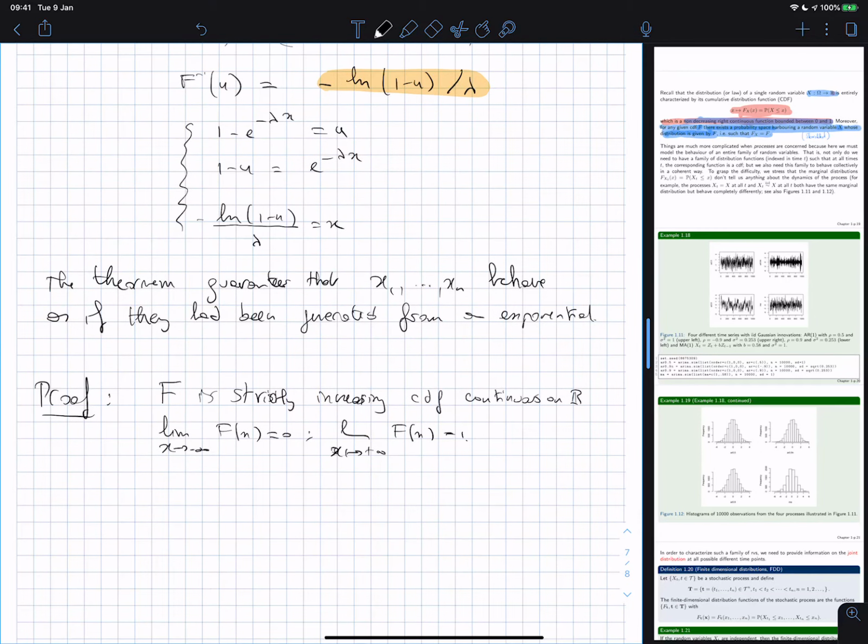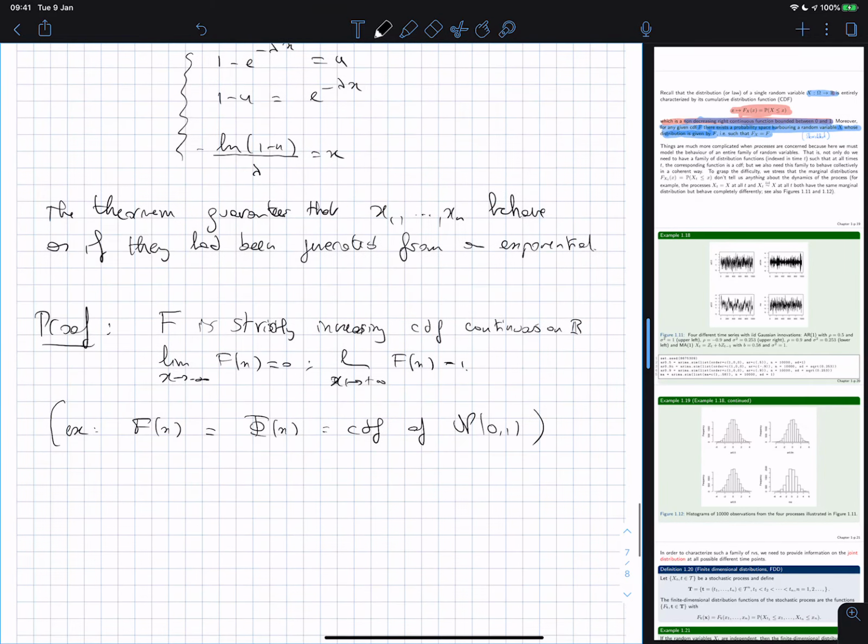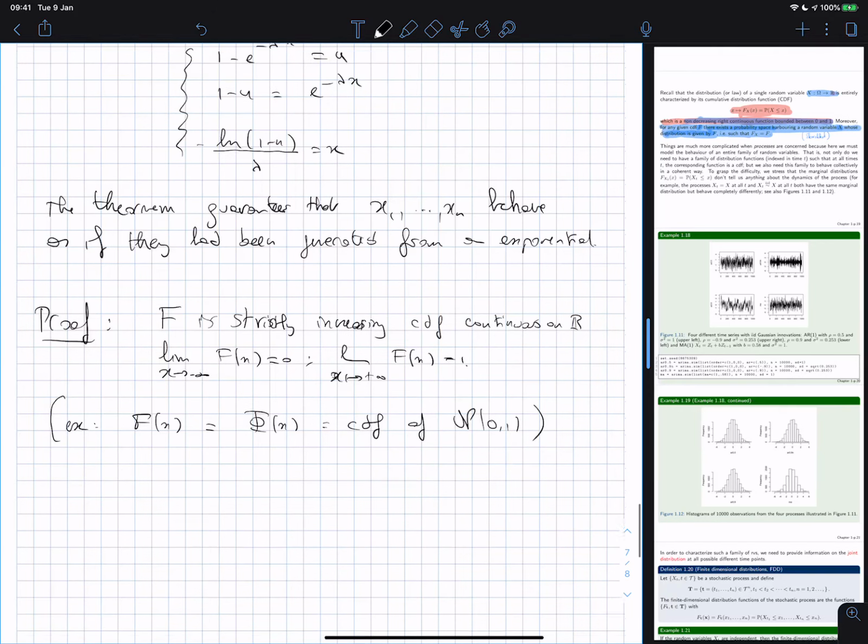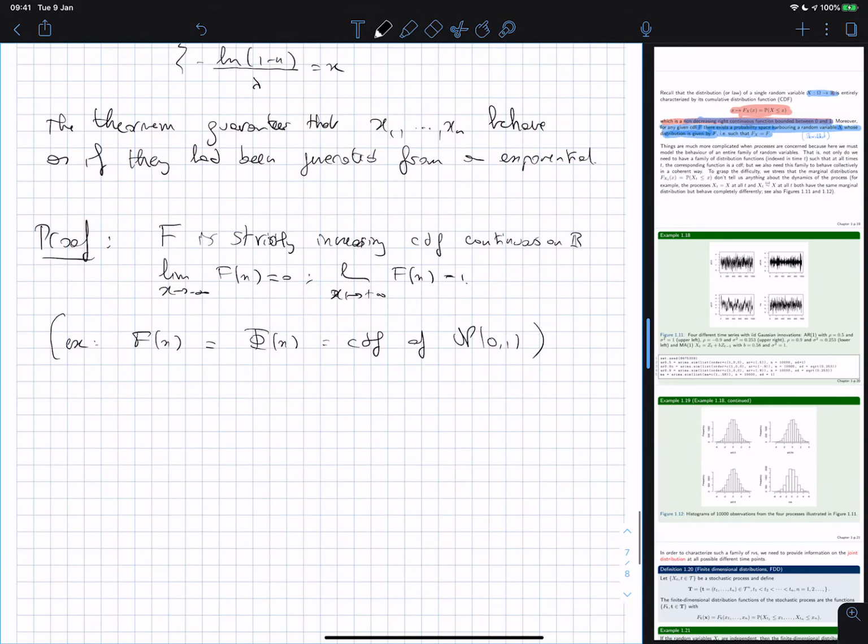An example of such a CDF would be the CDF of normal 0, 1. That's a nice strictly increasing, very soft, gentle CDF.